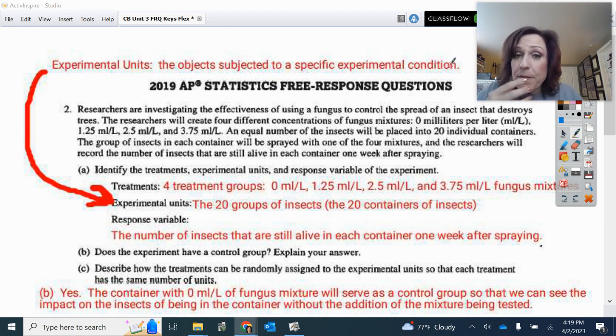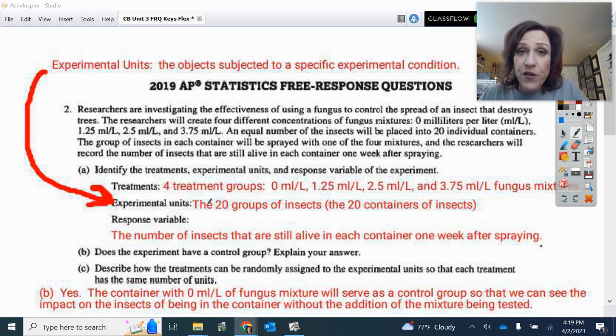Technically, yes, the insects get the experimental condition, but it's the insects in the container that do. So if you had said the 20 groups of insects or the 20 containers with insects in them, that was the correct answer, because the treatments were placed on those groups of insects. So that probably would have gotten me.